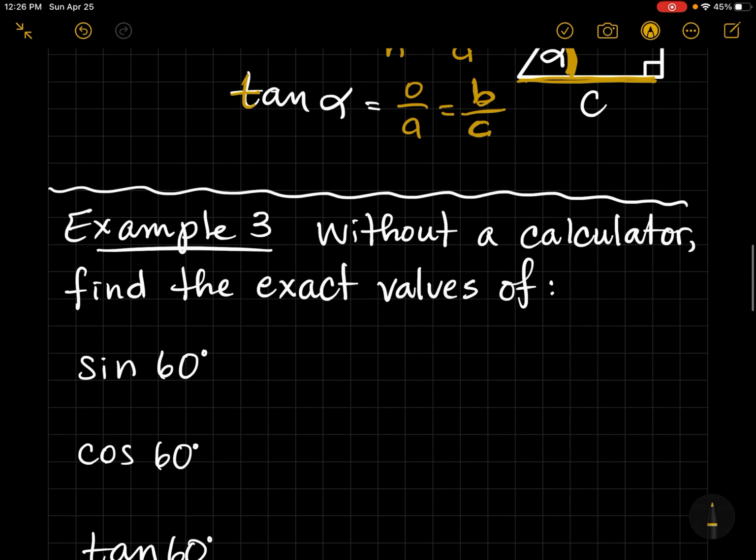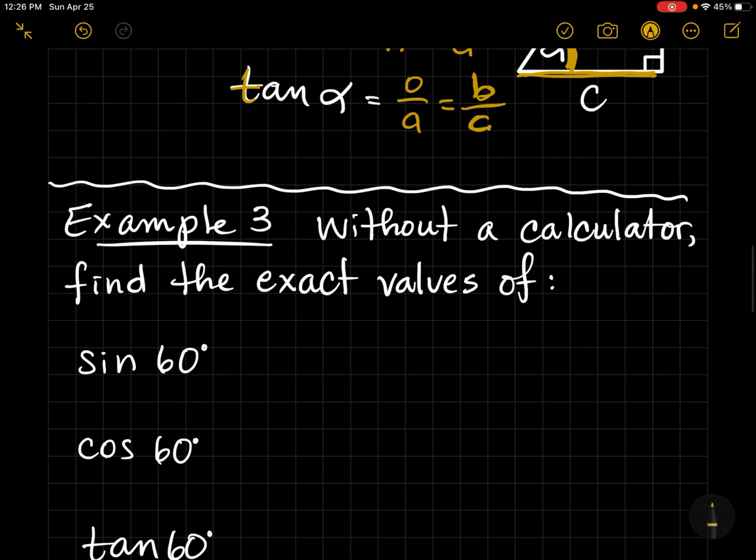Example 3. Without a calculator, find the exact values of sine 60, cosine 60, and tangent 60. And you might say, without a calculator, how can I possibly do that?